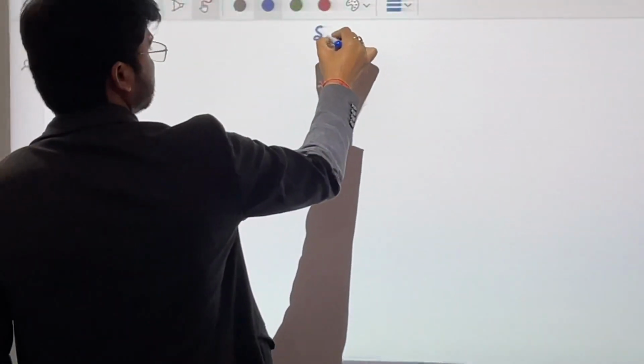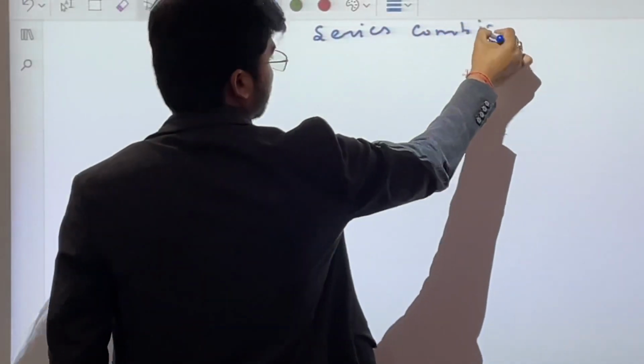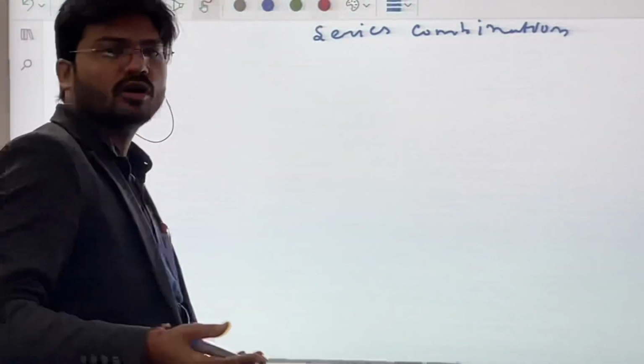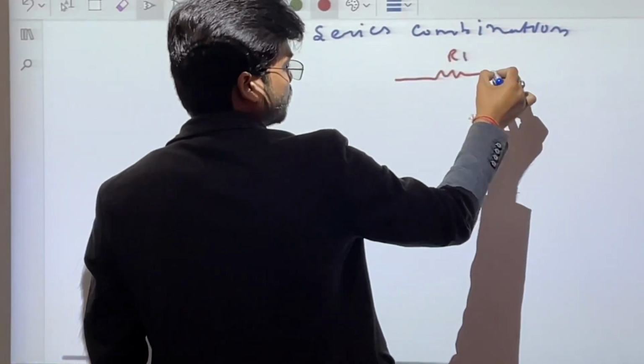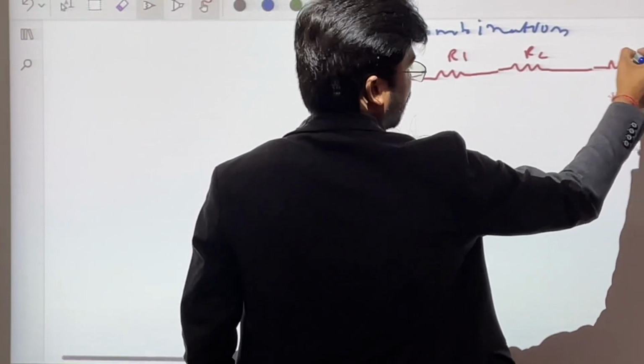So now we will discuss how we connect in series combination. Let us consider we have 3 or 4 resistors, R1, R2, R3.